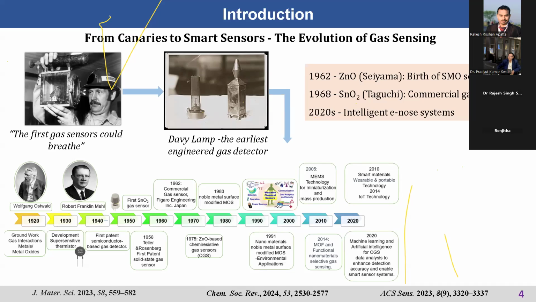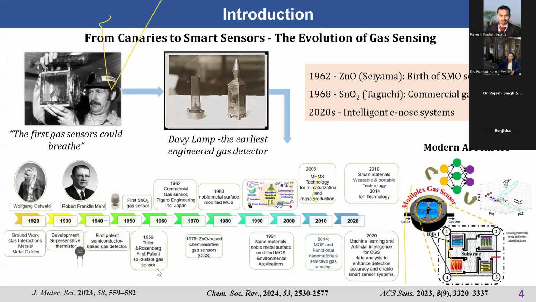Further, from 2010 onwards, MEMS-based technology and metal organic frameworks were invented. In the last decade, people started producing smart materials and smart gas sensors for various applications, and machine learning and artificial intelligence, which we are all familiar with, have also started to be used.